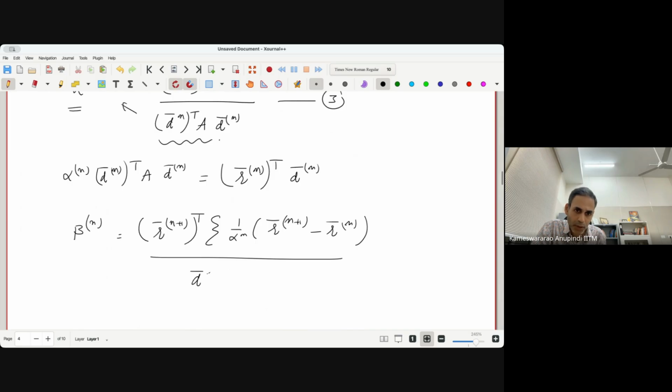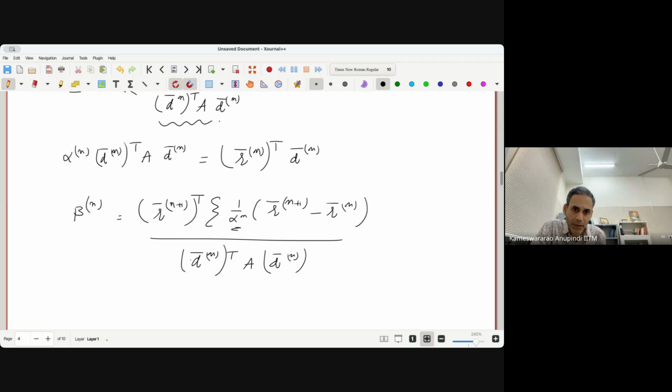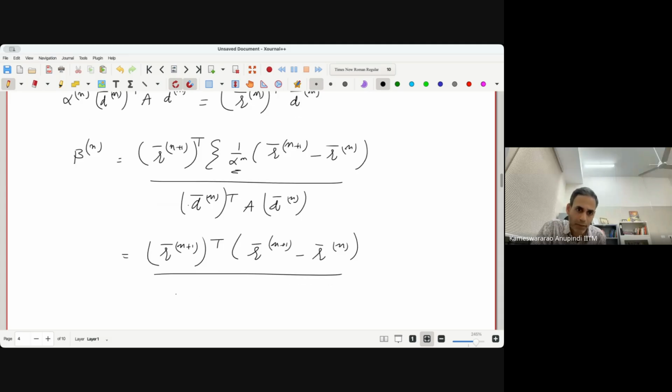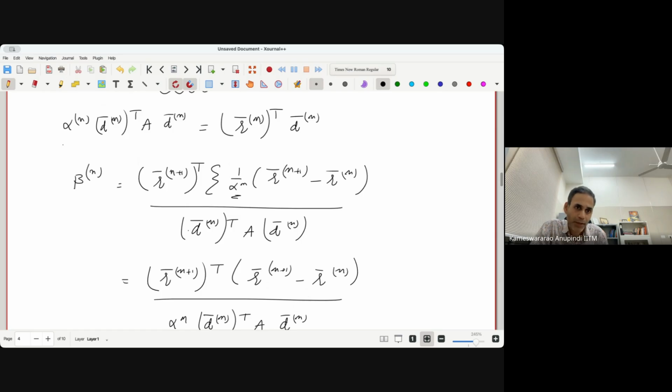So this is going to be d_n transpose A d_n. Now essentially this alpha_n comes down, right? So essentially what we have is R bar_{n+1} transpose (R bar_{n+1} minus R bar_n) divided by alpha_n d_n transpose A d_n. So alpha_n d_n transpose A d_n is nothing but R_n transpose d_n.